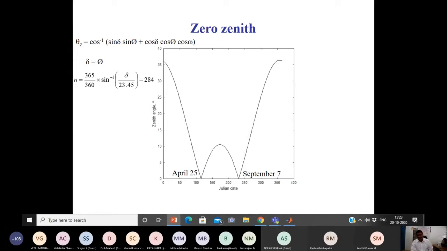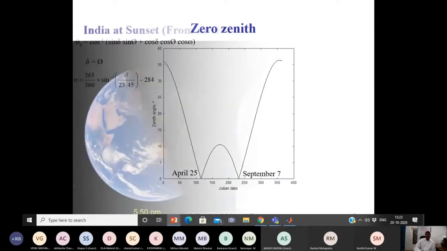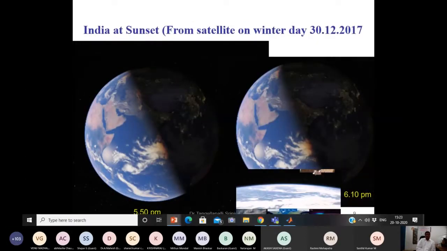Why I am explaining this 0 zenith position is because this is also one of the considerations we have to study on tracking methods, the various tracking methods. And also day length, the sunrise time, sunset time, when we have to start the collection of the solar radiation.